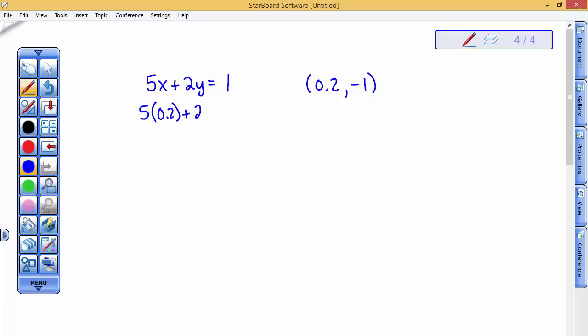For y I'm going to substitute in a -1, and see if this checks. So 5 times 0.2 is equal to +1, and 2 times -1 is equal to -2. I want to know if that equals +1. On the left side I have -1 equals +1? No, not at all. So this ordered pair does not check in this equation.